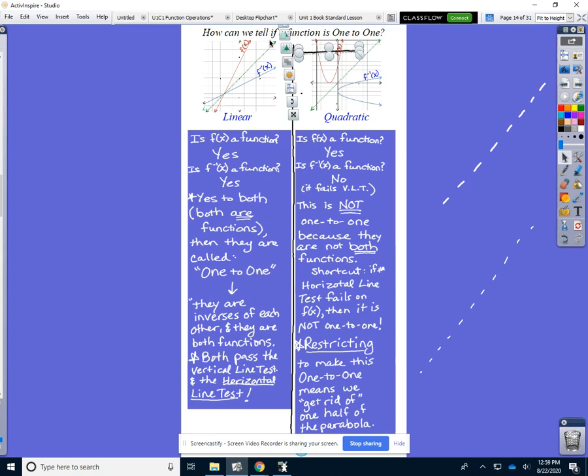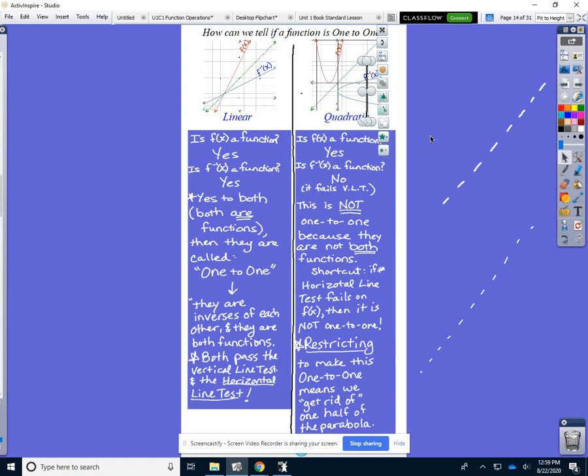So on the original function f of x, the vertical line test works, it's a function, but the horizontal line test fails. That means that the inverse will not be a function. So notice the inverse passes the horizontal line test. So it only works on the original because the inverse of a horizontal line is a vertical line. So it means the inverse will fail the vertical line test.